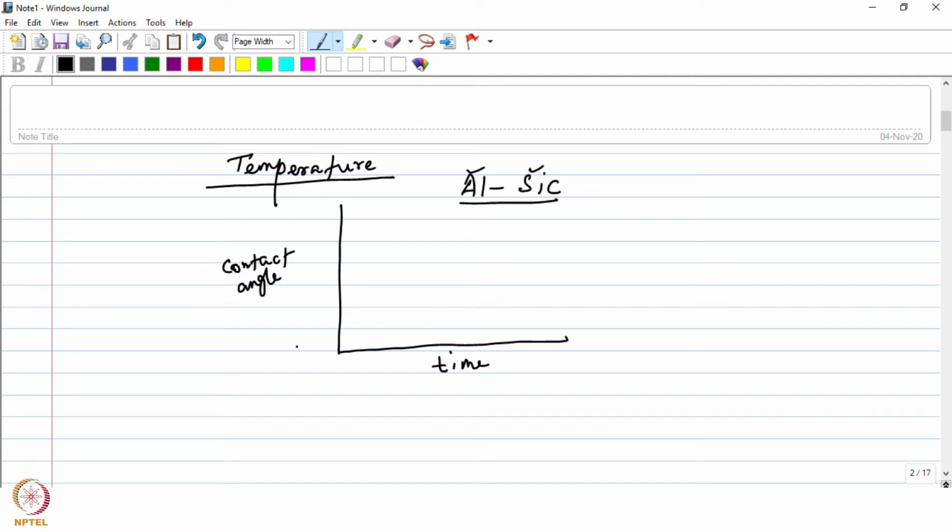So let's say for the contact angle, we are talking about a range from 45 to 135 degrees. Okay. And then you see it with respect to the time as to how it varies with time at a particular temperature.